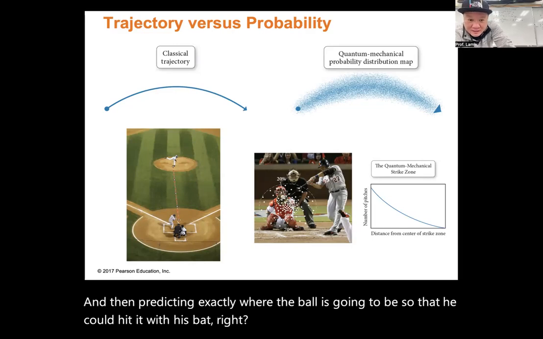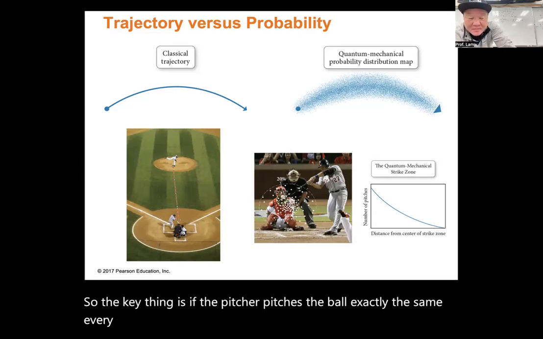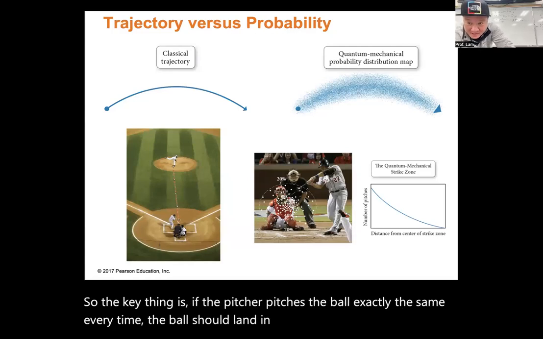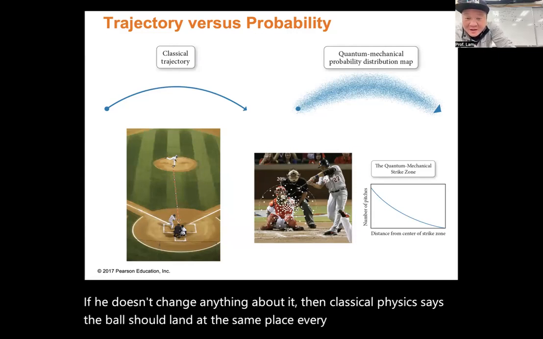So the key thing is, if the pitcher pitches the ball exactly the same every time, the ball should land in the same place every time. If he doesn't change anything, then classical physics says the ball should land at the same place every time, okay? Well, in the quantum world, it's not like that.